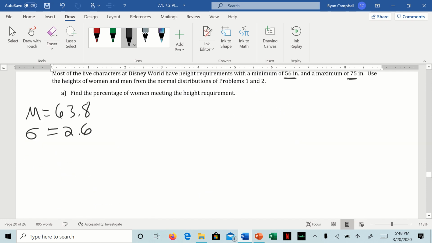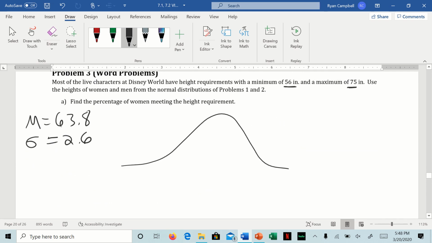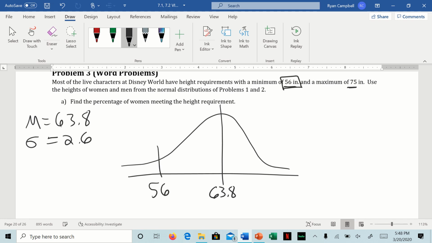Yeah, cool. All right. So we draw our standard deviation. What goes in the center? 63.8. What values are we given? We know it's a minimum of 58, which would be over here. Sorry, 56. Maximum of 75, which would go here. We want it between, right? If you meet the height requirement, you're between these two values.